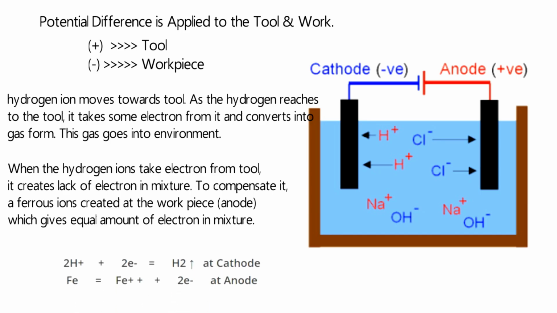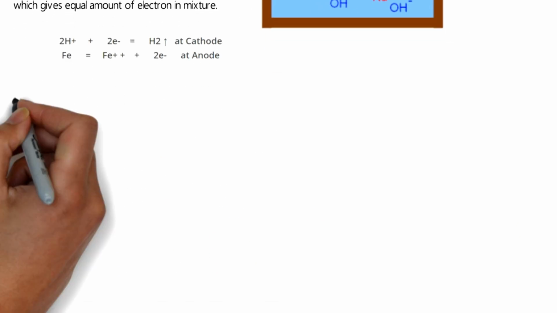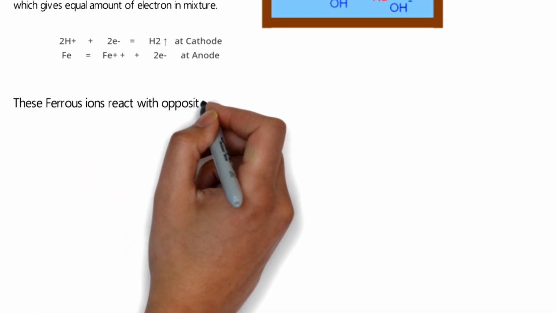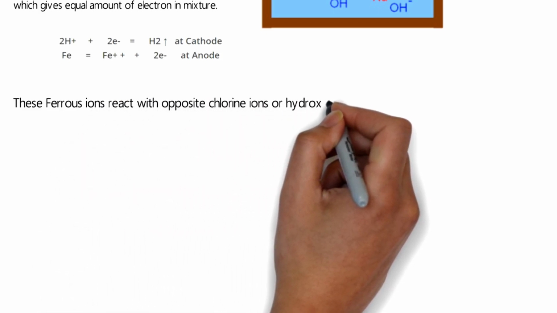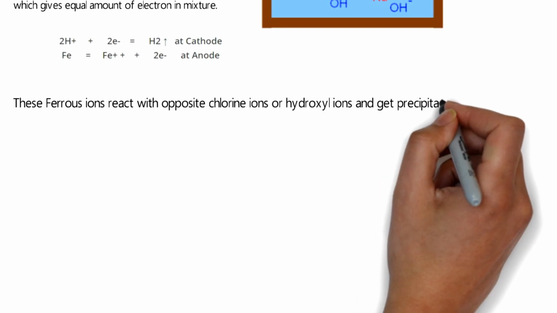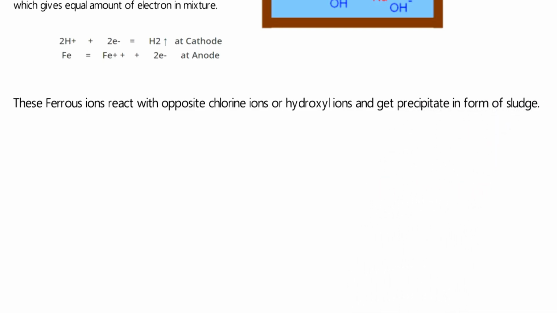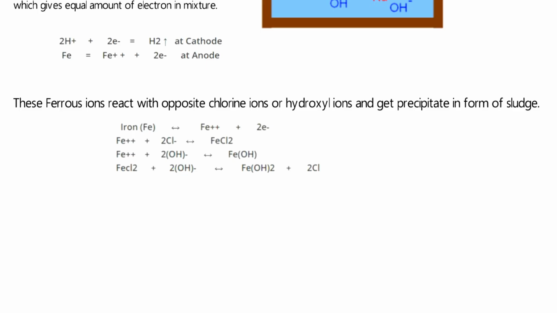So guys, these are the reactions which occur at the anode and the cathode respectively, that is 2H plus 2 electrons gives us H2 at the cathode. This ferrous ion reacts with the opposite chlorine ions and hydroxyl ions and gets precipitated in the form of sludge.